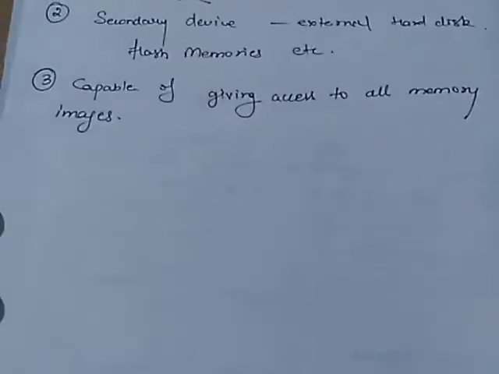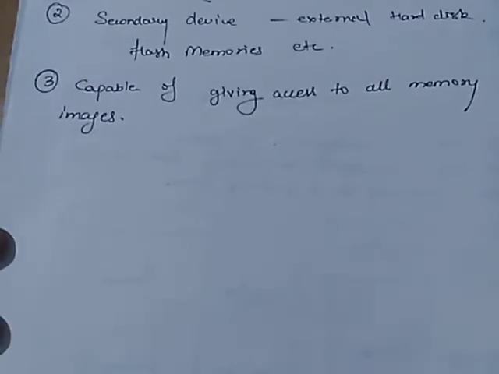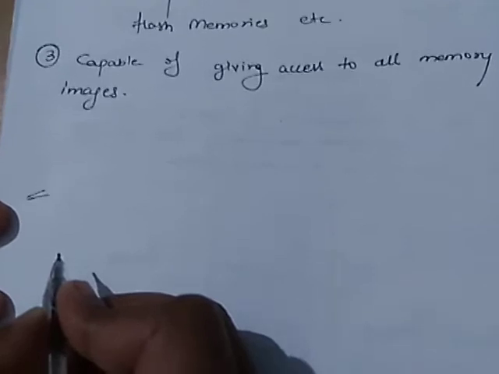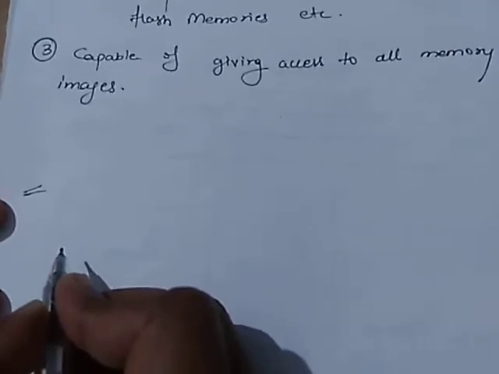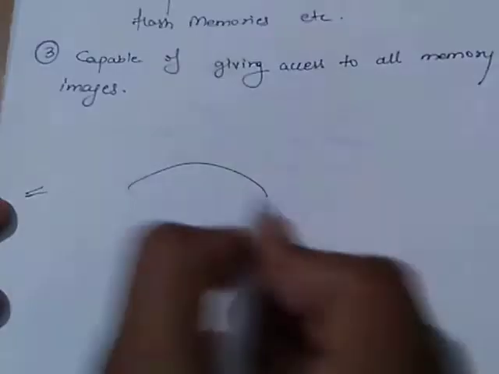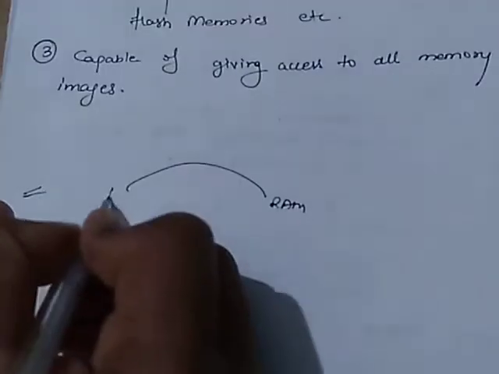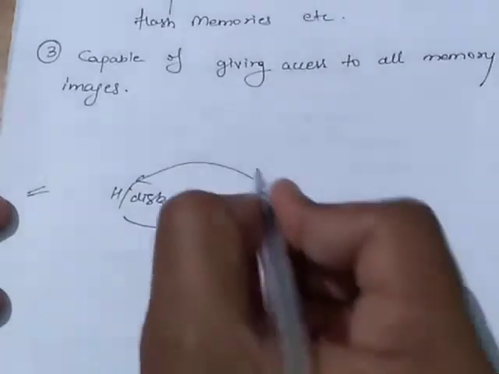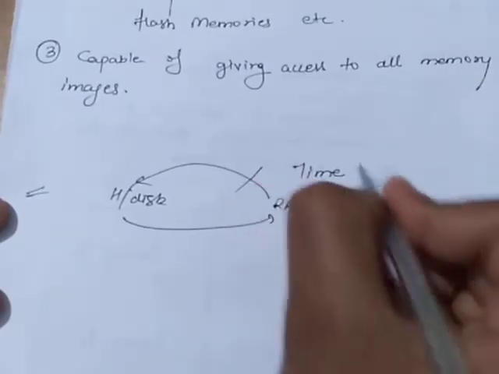Now one thing that is most important to consider is that the major time consuming part is transfer time. Data is transferred from RAM to hard disk and from hard disk to RAM, so this part is very time consuming.